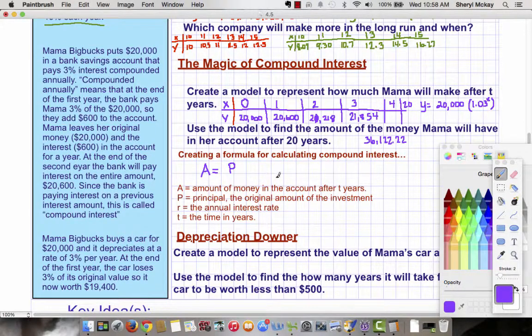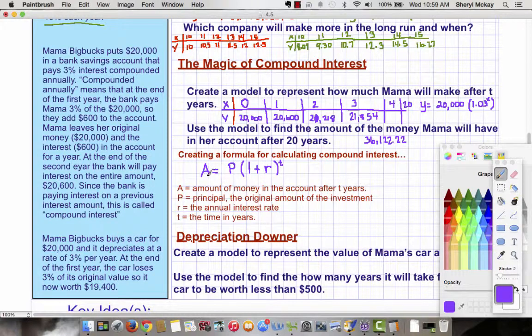The principal times 1, which represents the previous term, plus R, which is the annual interest rate, to the T power, and T stands for the time in years.